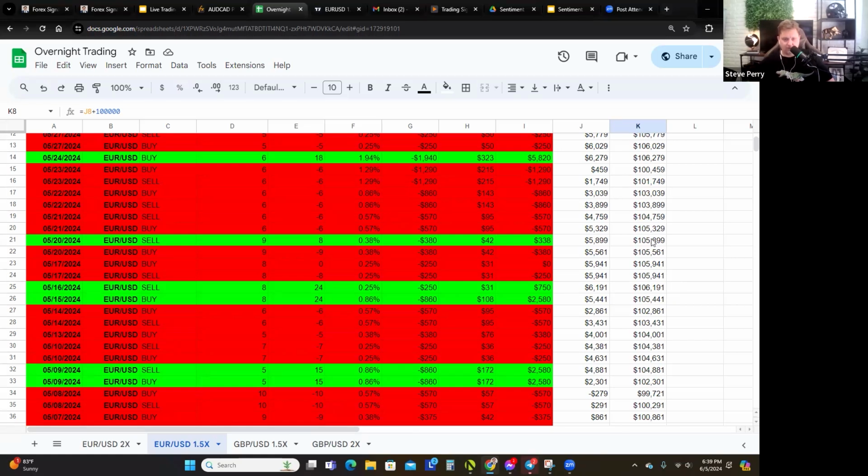This got up to $106,000 in balance, and then it went back down to almost 100 grand. So there was a 6% drawdown from its highest point, and then it all came back again.